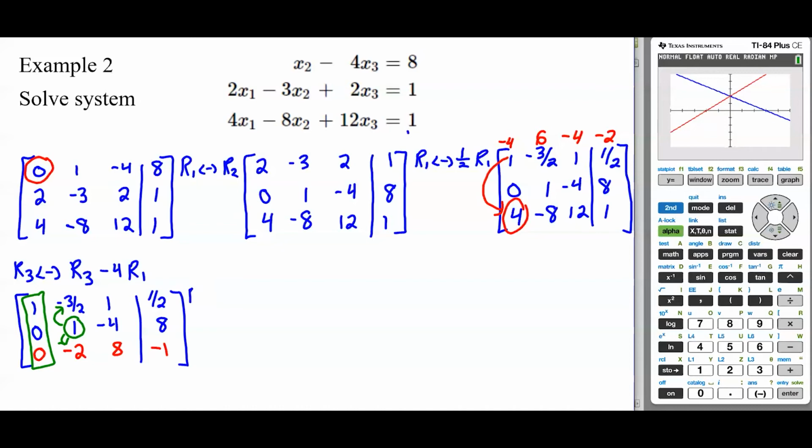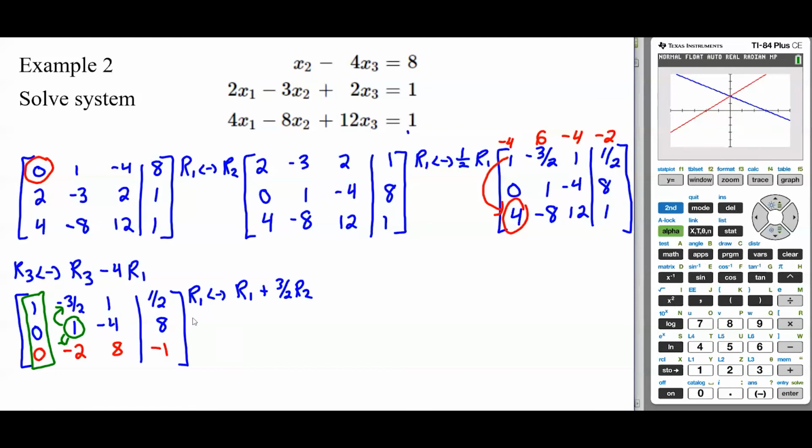So let's replace row 1 with row 1 plus 3/2 row 2. So if I turn this 1 into a positive 3/2, then I'm going to add it to the negative 3/2, and I'll get 0.